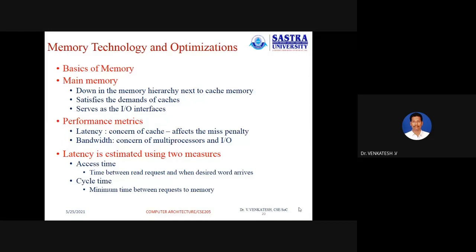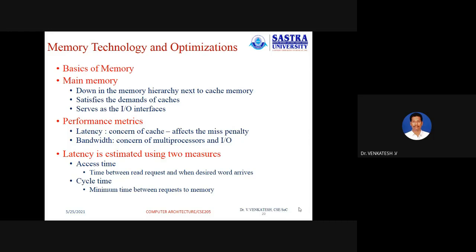How much time it took to get the data is called latency. The entire process to fetch, decode, and then execute all those things; the time taken for fetch as well as decode is called latency. And then that is the miss penalty.